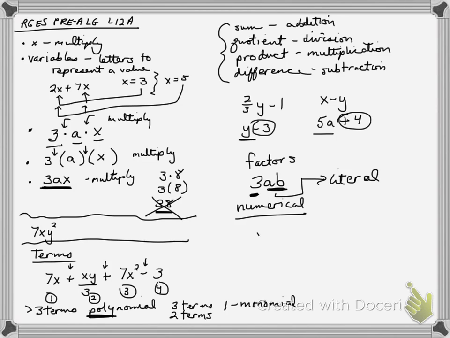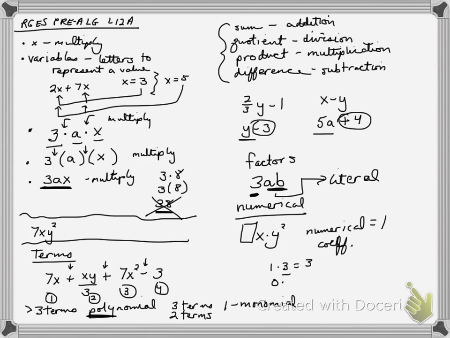If I have no numerical coefficient, let's say it's just x times y squared, I have no number I'm multiplying, so my numerical coefficient would be equal to 1. Why 1 and not 0? Because 1 times a value, let's say 1 times 3, is the same as the value I started with, the 3.